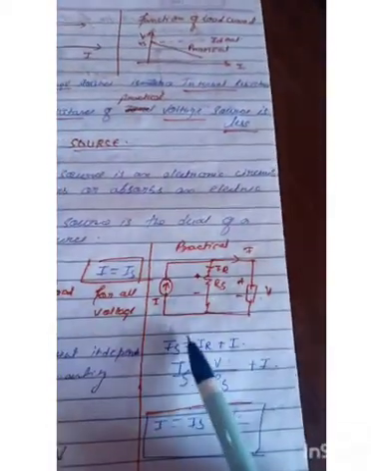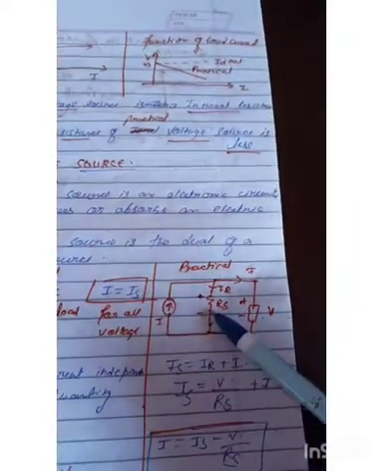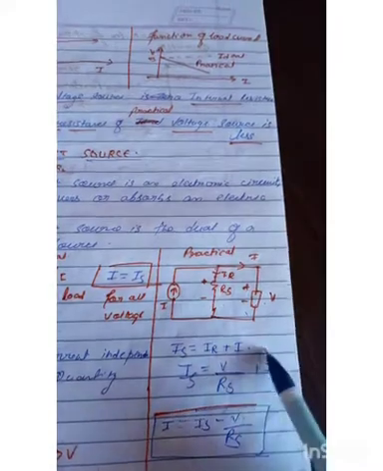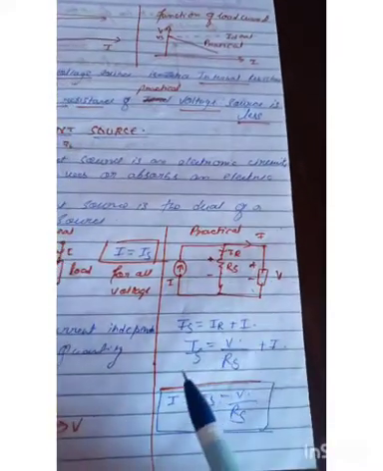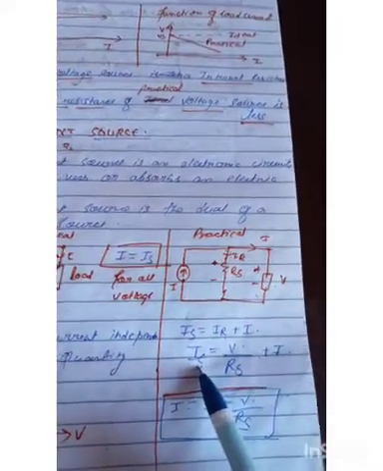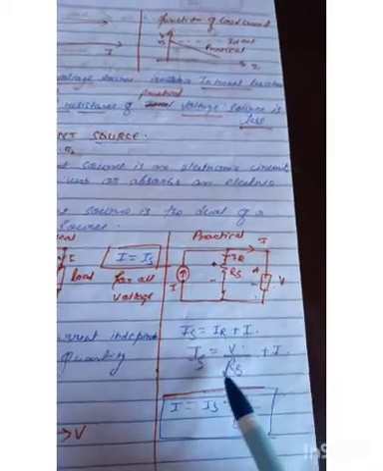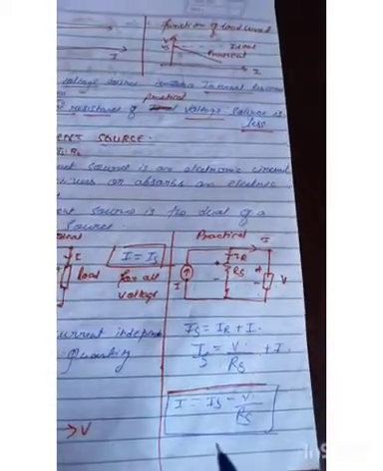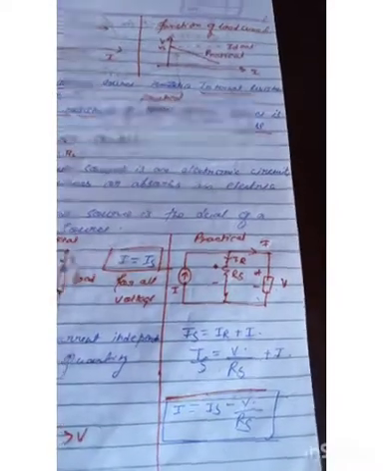After that, about the practical current source, we see that I, Rs, I and V, where Is is equal to I Rs plus I, that is, the practical current source is equal to V by Rs plus I. It means that I is equal to Is minus V by Rs.